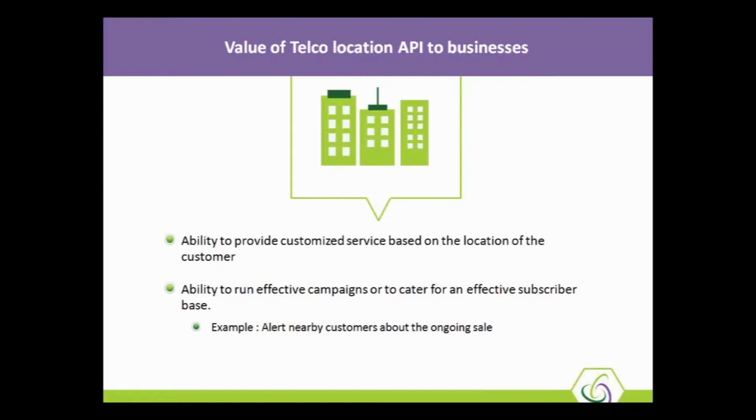So pretty soon he will be unsubscribing from my application because that information is not relevant to him. 2 out of 3 messages I send him are not relevant. So by using these location-based APIs, we can personalize these messages and run the campaigns very effectively only for relevant people or only for the target market.